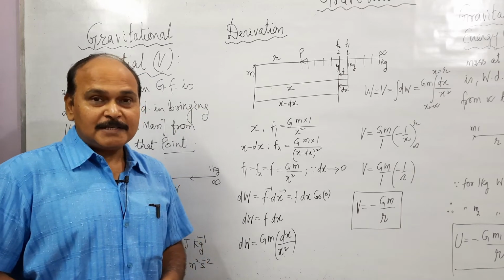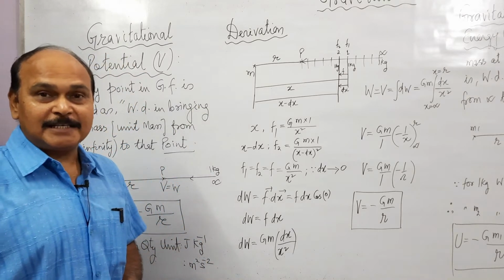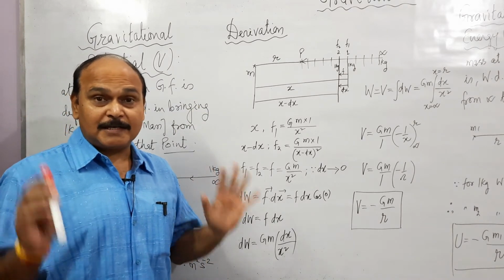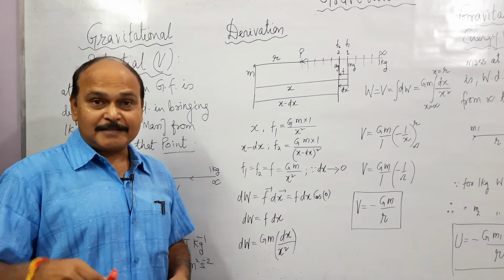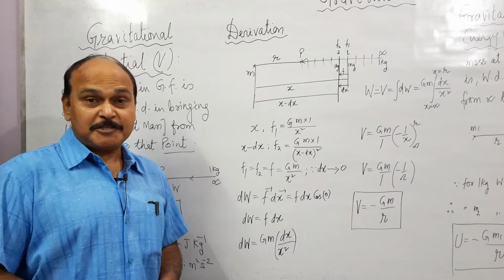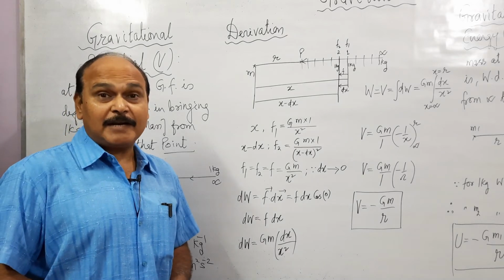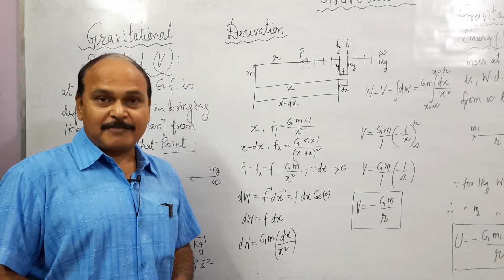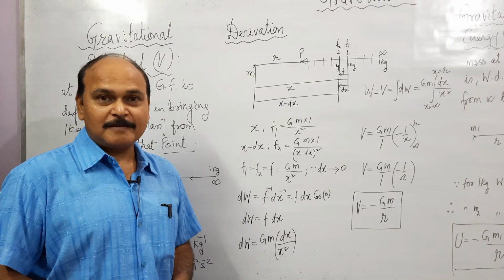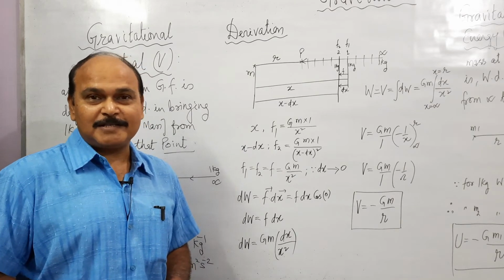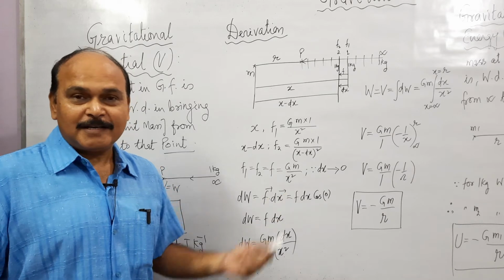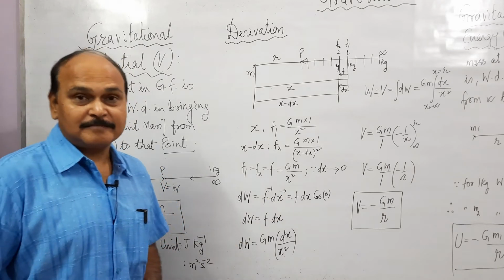One of them is gravitational field intensity, which we have already studied in detail. And the second physical quantity, which is the characteristic property of each and every point in the gravitational field, is gravitational potential.